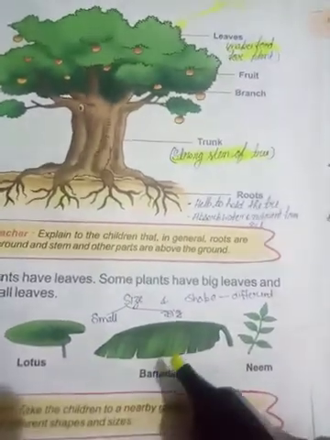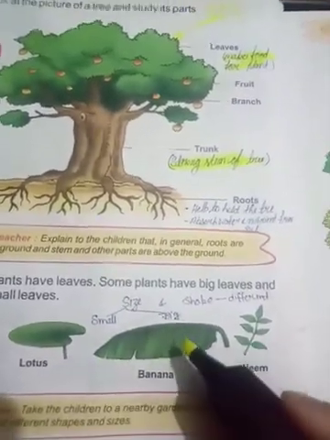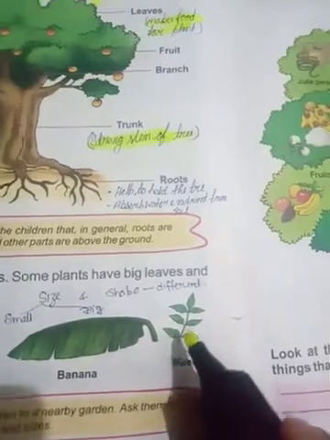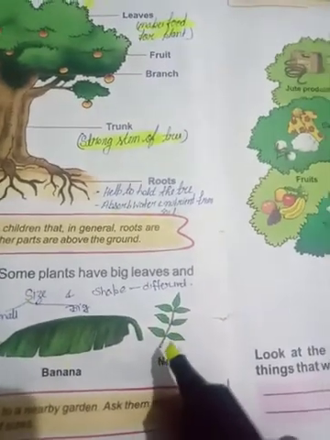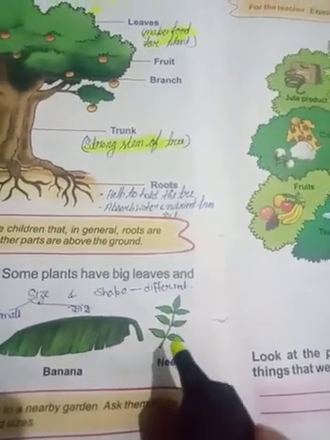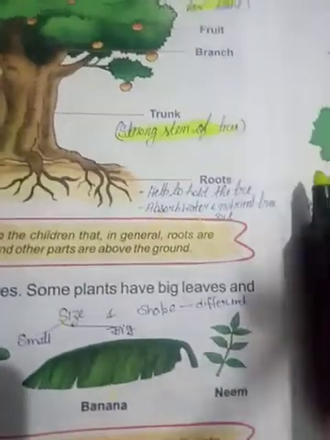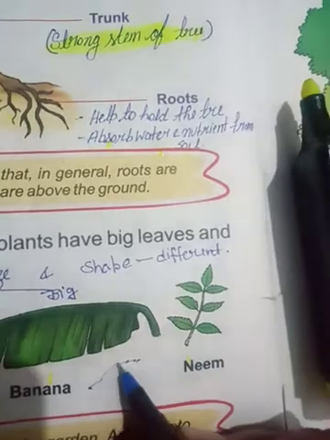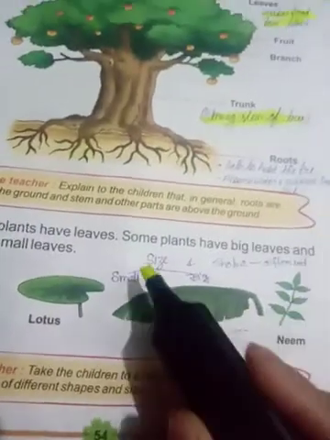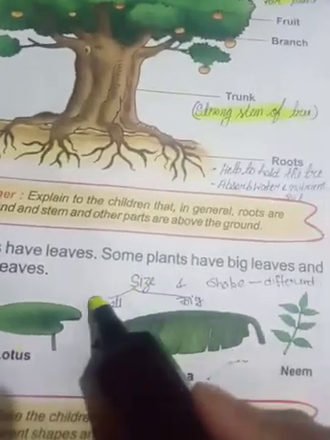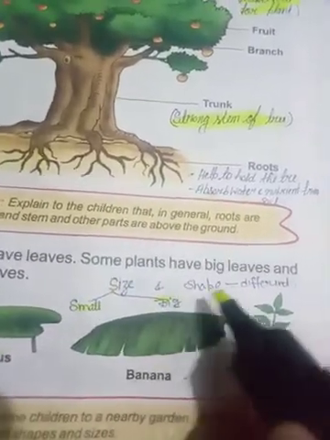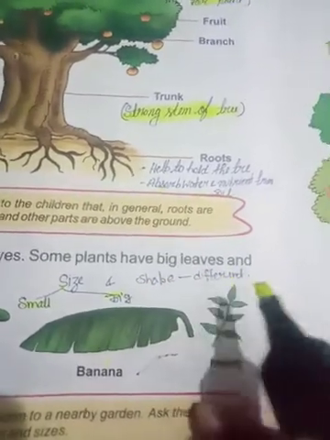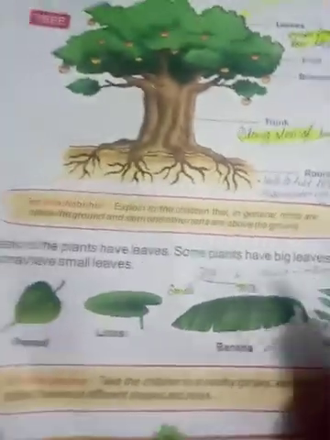Then this one is a little bit large and rectangular. And you can see the shape of neem leaves, very small in size, having this type of structure, with serration here. So you will get different types of leaves on the basis of size. It can be very small or very big, and you will find different shapes.